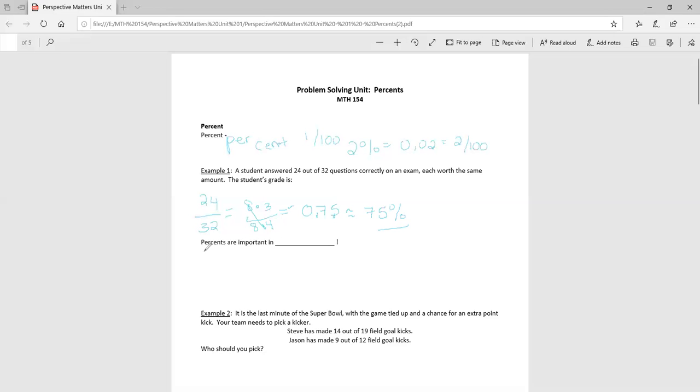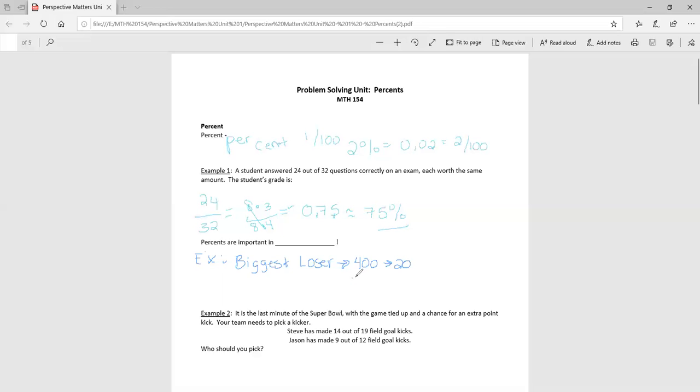So why are these going to be important? Well, if I look at percentages, I don't know how many of you guys have ever watched Biggest Loser. If you have a 400-pound man and he loses 20 pounds, he did pretty well.